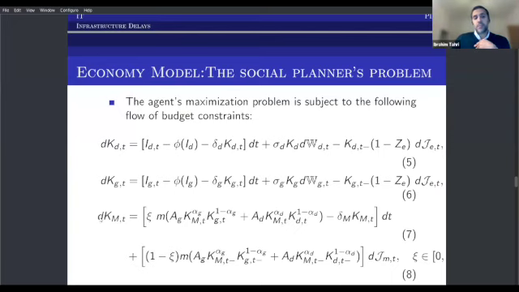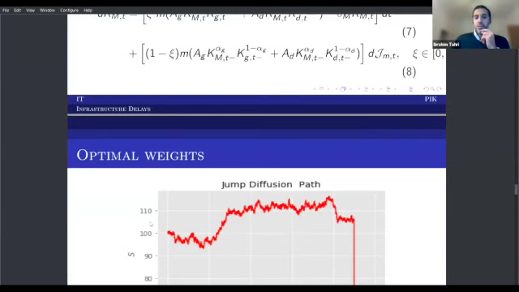As for the public capital, there is no diffusion, but it is subject to jumps, which represent basically the fraction of investment that is not certain to be transformed into capital. So that's basically how delays are represented in this model.